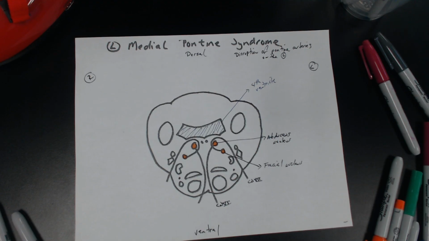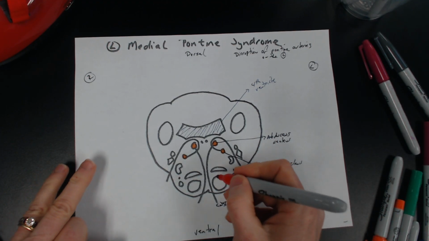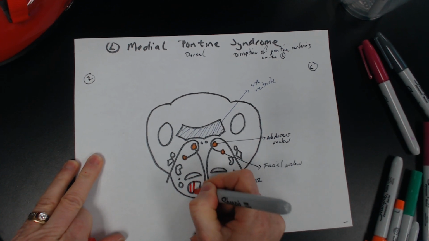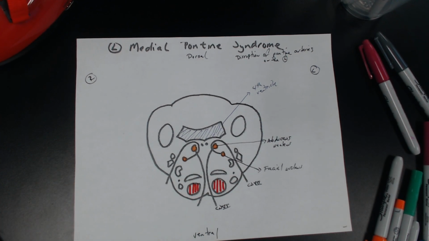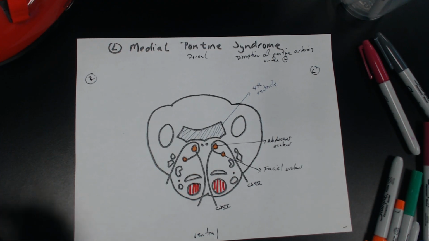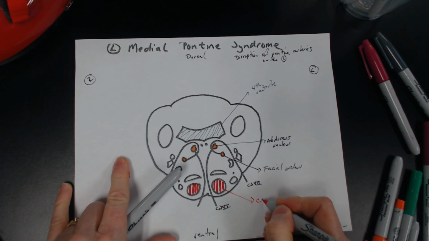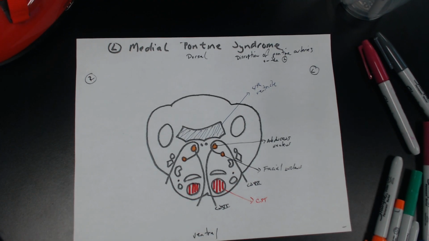Thinking about structures that are very ventral, this is going to be your most ventral. Everybody know what that one is? Mm-hmm. It's going to be your corticospinal tract. Corticospinal tract.